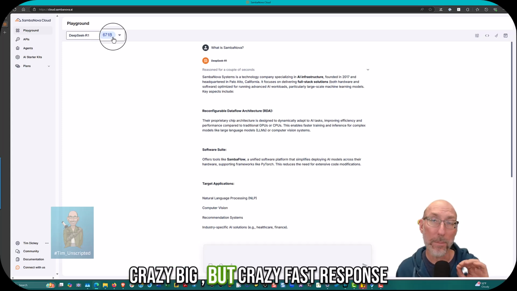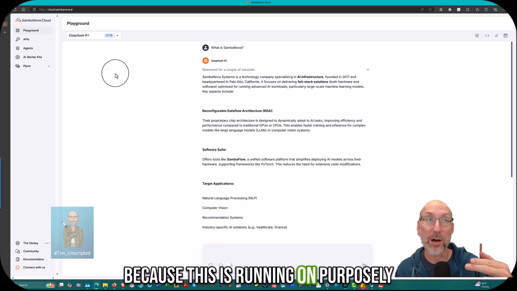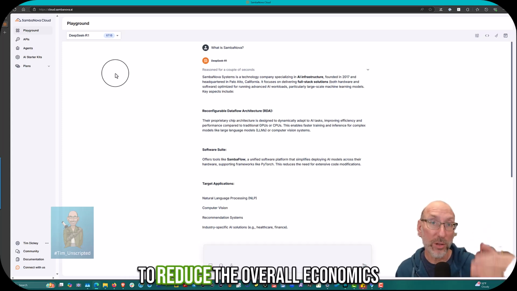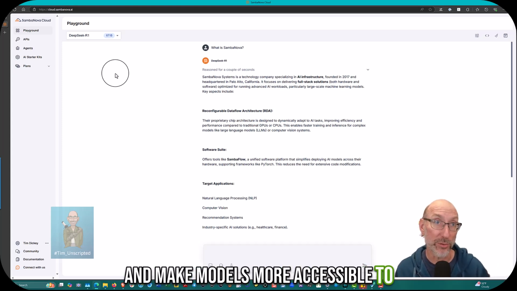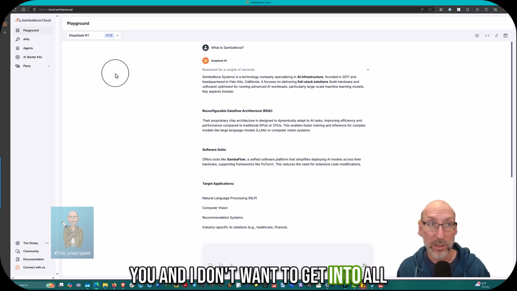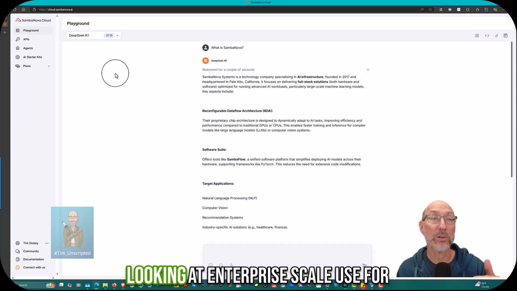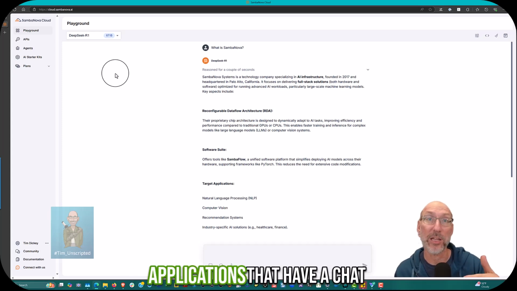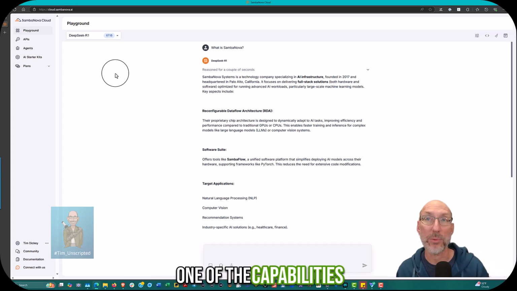Crazy big, but crazy fast response because this is running on purposely engineered hardware to reduce the overall economics and make models more accessible to you and I. I don't want to get into all of the numbers behind it. The math matters, especially when you're looking at enterprise scale use for large language models, for generative artificial intelligence applications that have a chat function or a vision function or any one of the capabilities.